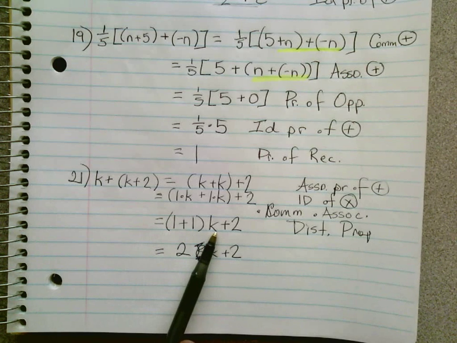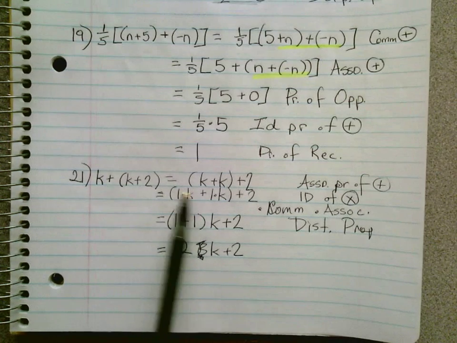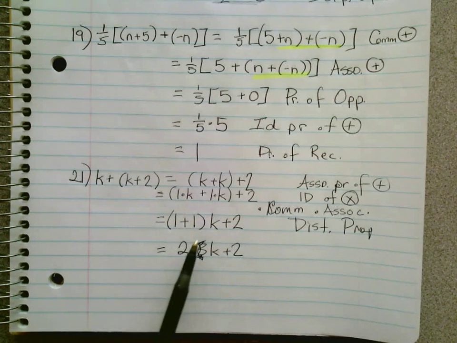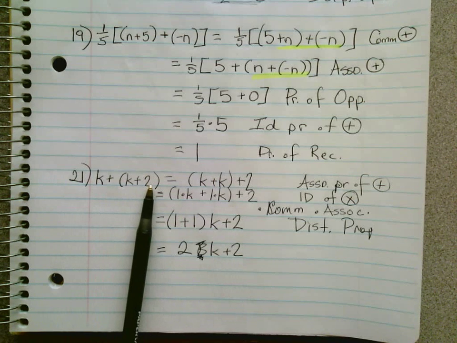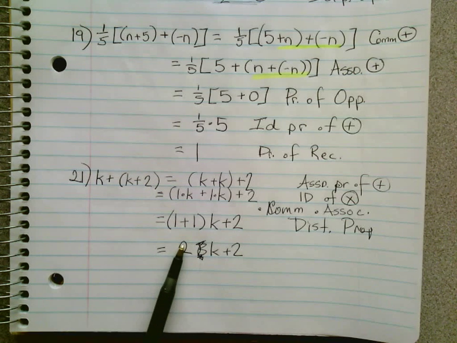I'm sorry if I misspoke a moment ago. The 2, based on this, is only going to get multiplied by the k, because there are 2 k's in the beginning in this addition phrase. The 2 replaced or substituted in for the 1. I just gave it away.